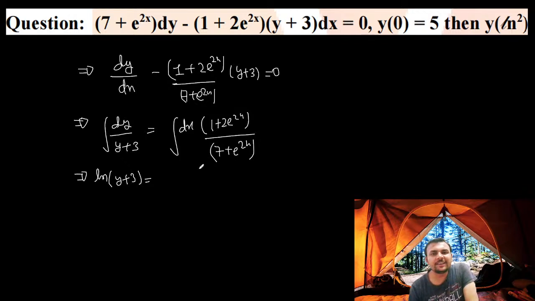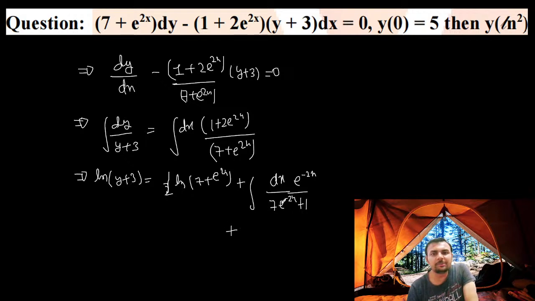So what will happen? Let's see it. We'll do e to the power 2x, so divide by 2, ln (7 plus e to the power 2x). And now we have e to the power 2x. So this is one time, and now we have dx. We'll do 7 e to the power minus 2x plus 1, e to the power minus 2x.